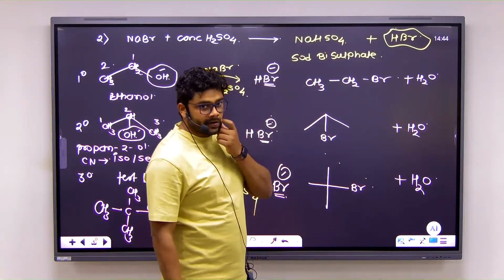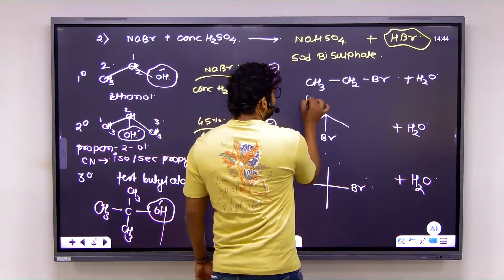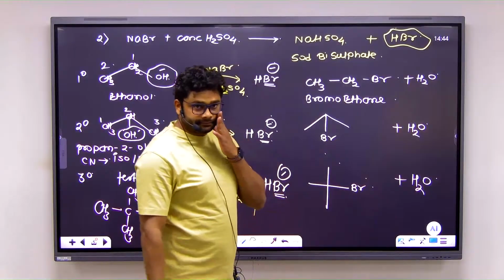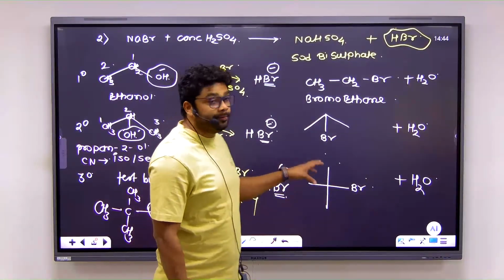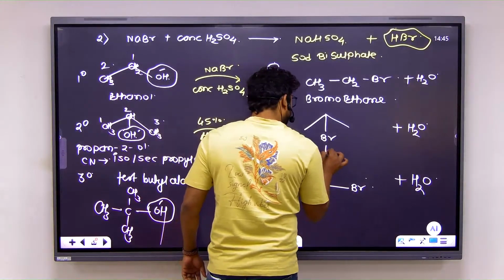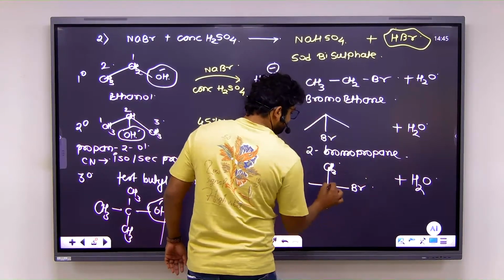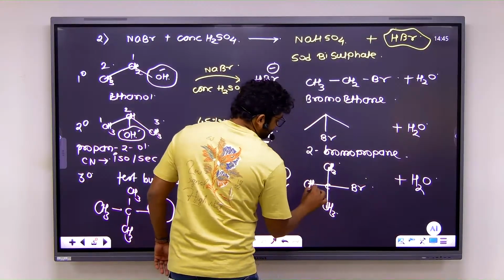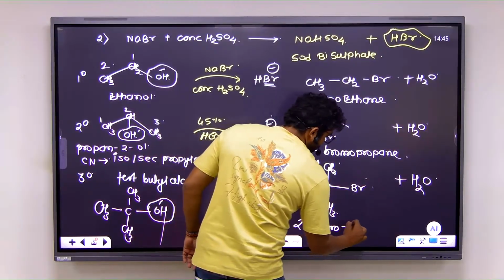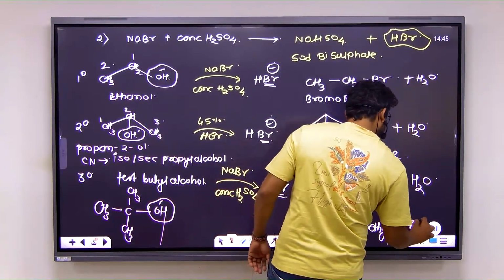Bromoethane. For the second one, the IUPAC name: 1, 2, 3, 4. 2-bromopropane. And this one is 2-bromo-2-methylpropane.